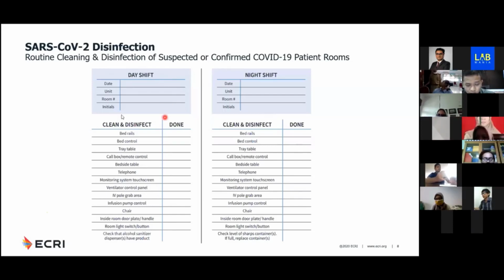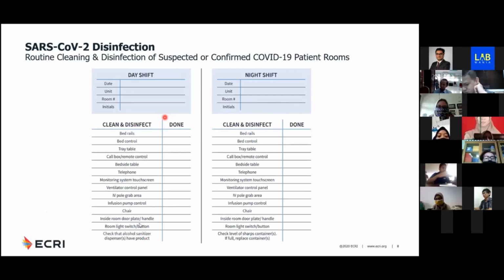Okay, and if you are looking at some of the areas which are normally the potential areas of high touch or high touch points, the cleaning and disinfection should start with the bed rails, the tray tables, the devices like telephones that are used by the patient, before you actually also look at medical equipment.